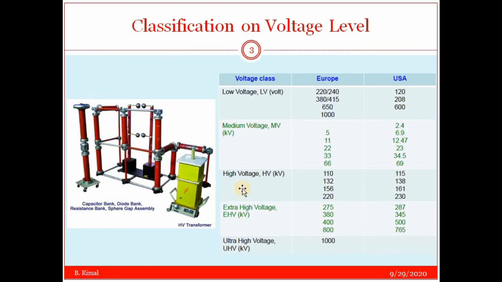The high voltage in Europe is defined from 110 kilovolt to 220 kilovolt, and similarly in the US 115 to 230 kilovolt. Extra high voltage is known for 275 kilovolt up to 800 kilovolt. Similarly, in the US up to 765 kilovolt it is known as extra high voltage. And for ultra high voltage in Europe, 1000 kilovolt is labeled as ultra high voltage.